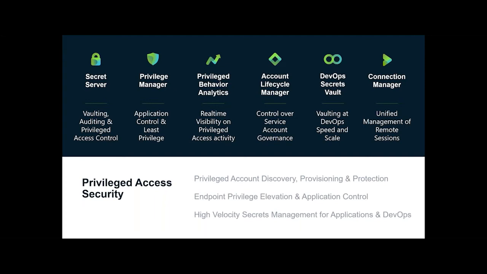I'll cover what it does more in a following slide. We have PBA, Privileged Behavior Analytics, that uses a lot of data from Secret Server, which is actually the one responsible for user behavior analytics, monitoring and blocking access for those who do not play, let's say, nice with the secrets. We also have a couple of others that use data from Secret Server.